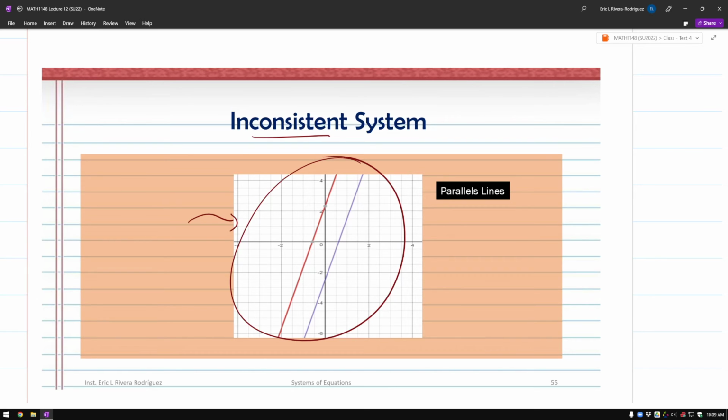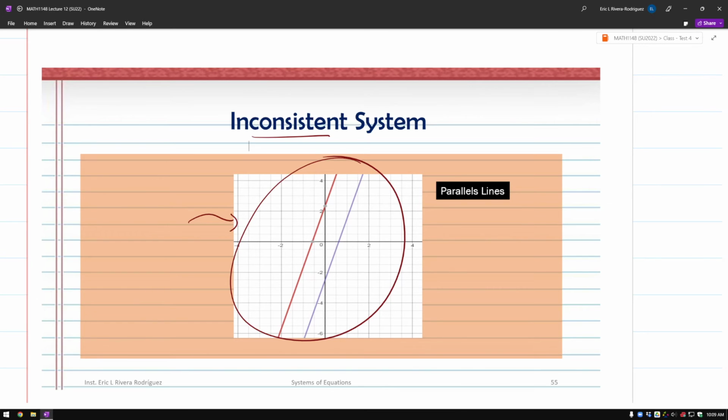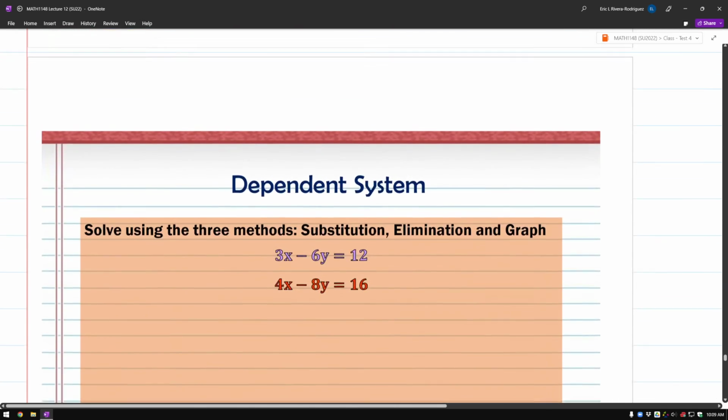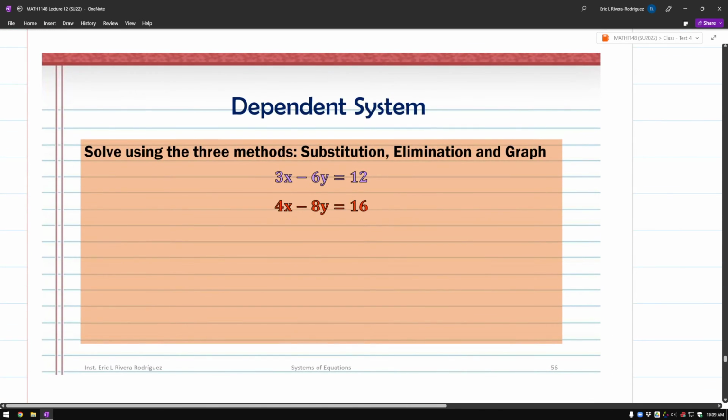You could find x and y equals something, or you could find something that is a contradiction, something that is false. That's going to tell you it's an inconsistent system. Any question before we move to a dependent system?